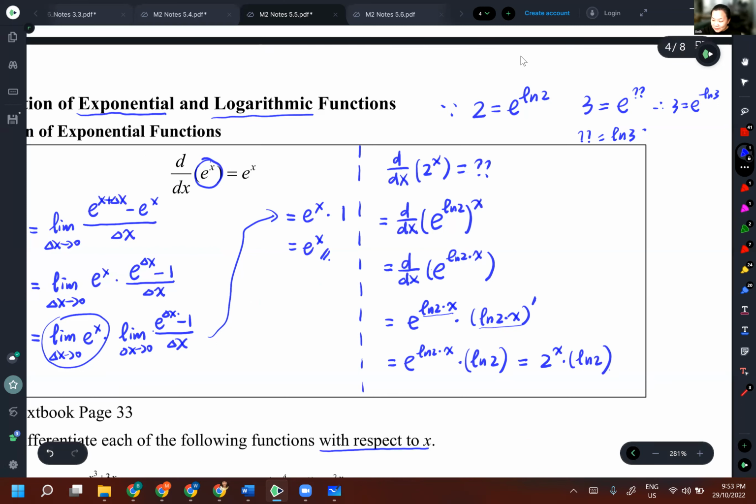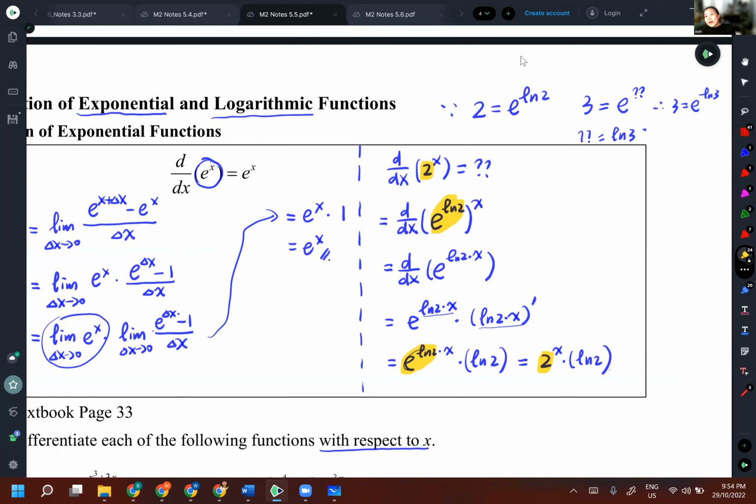Because I'm going to change this back to 2 again. This is 2. Sorry. I'm going to change it back to 2 again. At the beginning, I changed 2 to e. At the end, I'm changing e back to 2 again. That's how it's done.